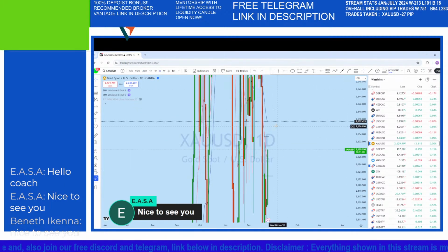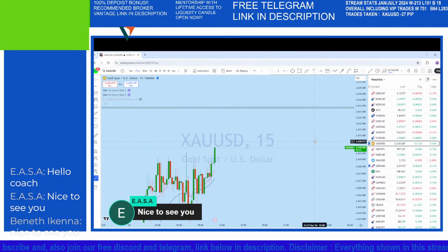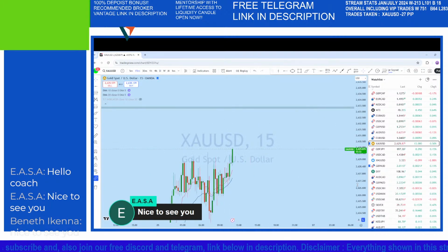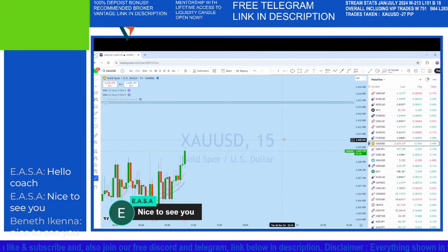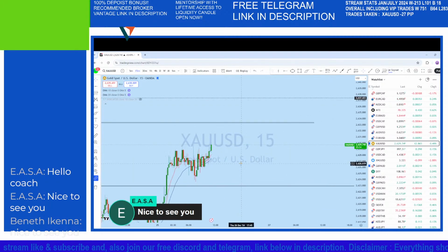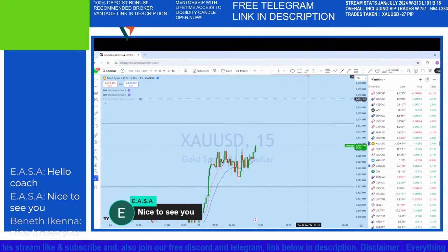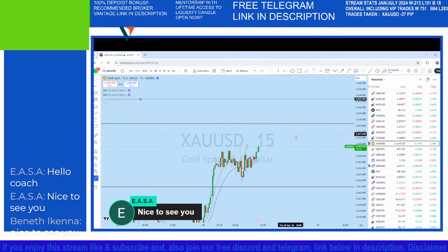If you look at the daily, this is the daily 20 EMA, and with that daily 20 EMA, we might see the market potentially trending in that direction. You can see this is an inverted head and shoulder, and with that inverted head and shoulder, the market is slowly moving back to the upside.